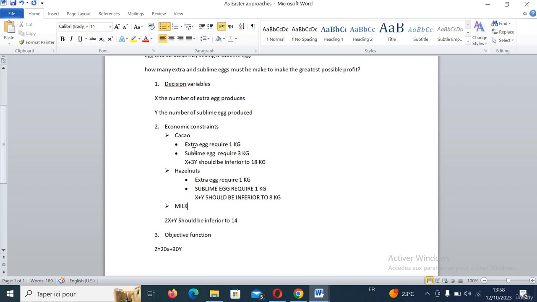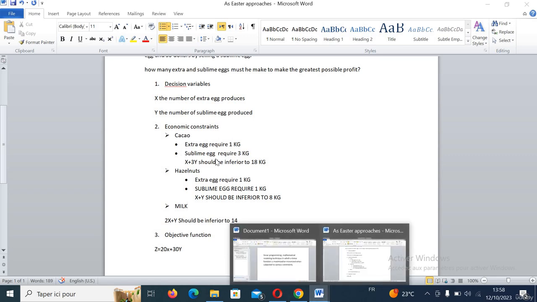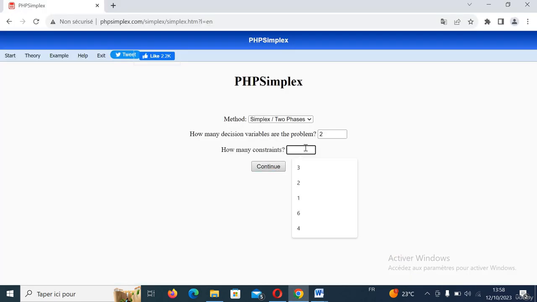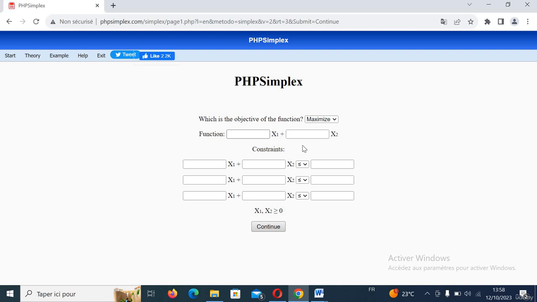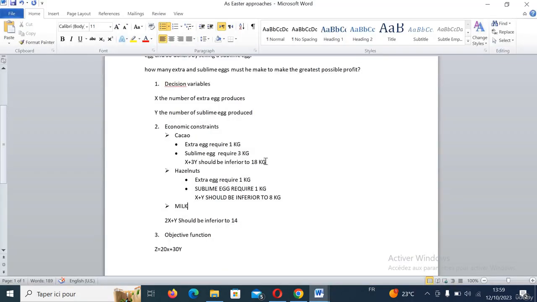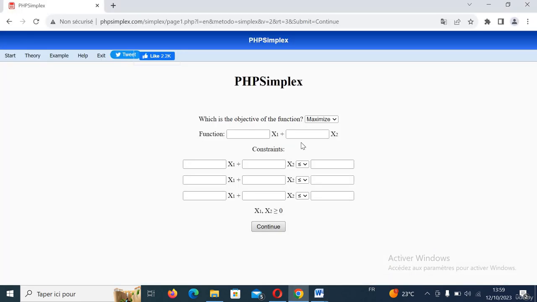Extra egg requires 1 kilogram, and sublime egg requires 3 kilograms of cacao, so 3y should be inferior to 18. Now, x1 and x2: for the sublime egg we took y, but here in this example we take x2, no problem.